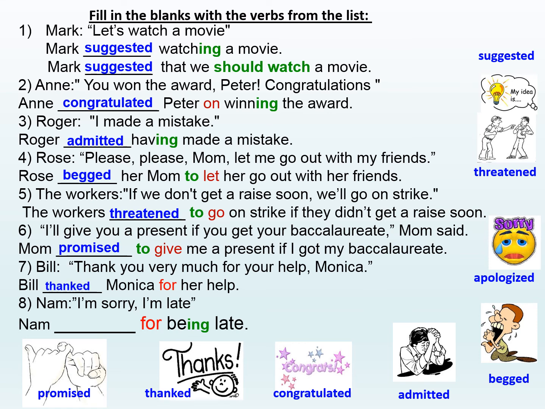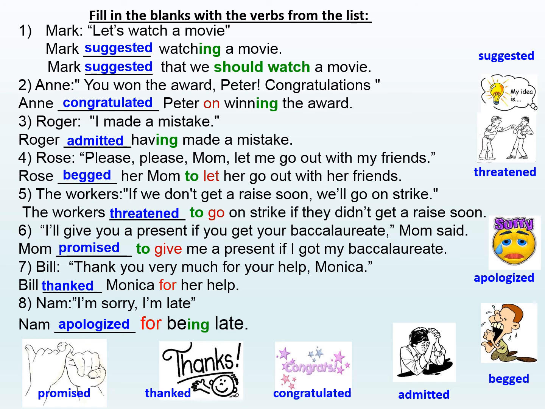He thanked Monica for her help, or he thanked Monica for helping, if you want to use gerund, for helping him. Number 8, the last one. What did Nam say? He said, I'm sorry, I'm late. When you say I'm sorry, what do you do? Of course, you apologize. Yes. So Nam apologized for being late. Good.